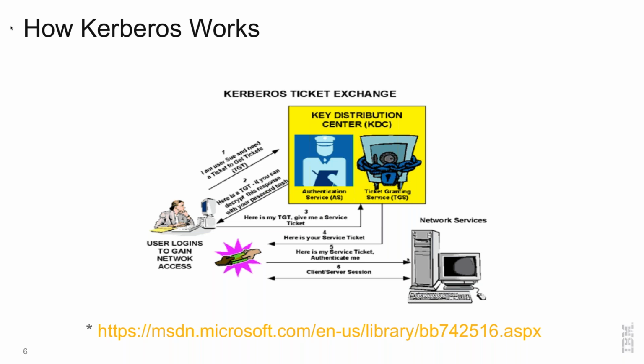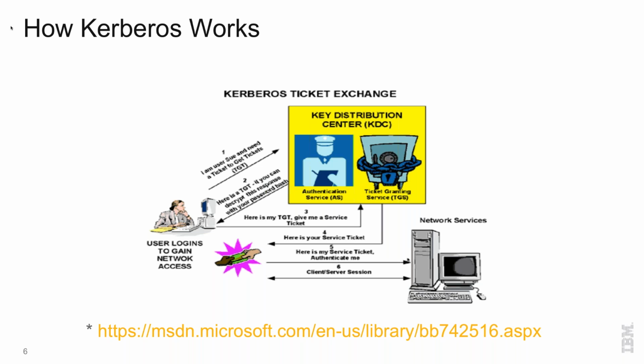Because your password is inside the KDC. And as long as you have your password in your machine's memory, you can decrypt the TGT. If you can decrypt that, it means you are the user you claim to be. So you have authenticated against the KDC, a Kerberos server.